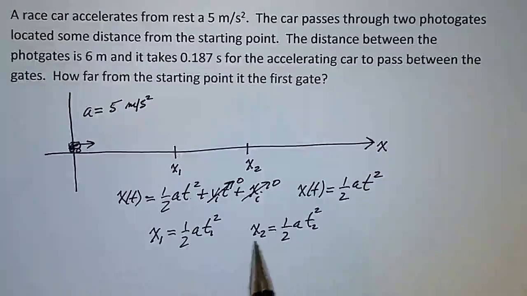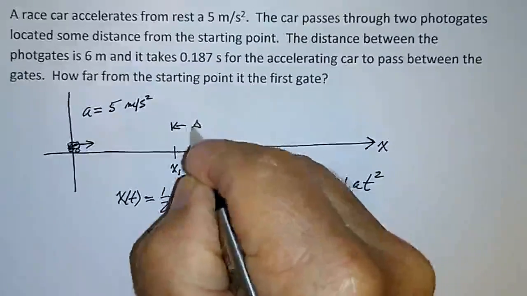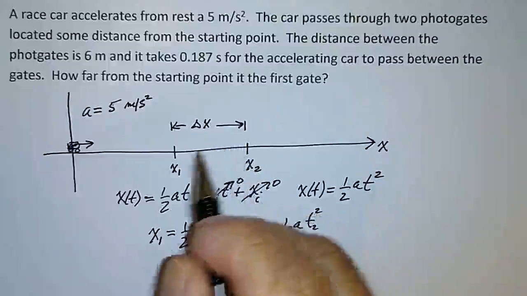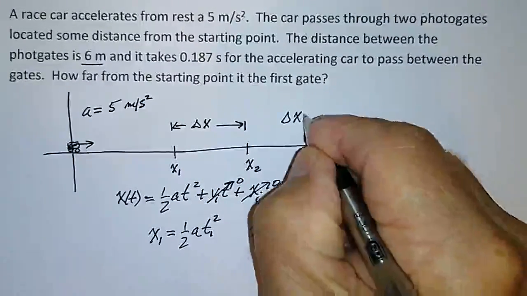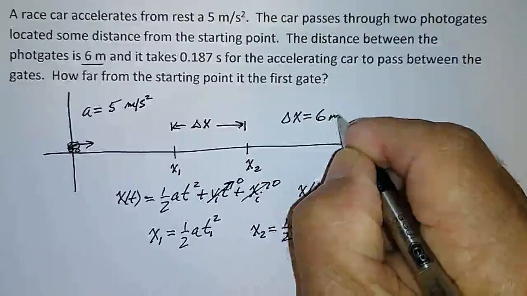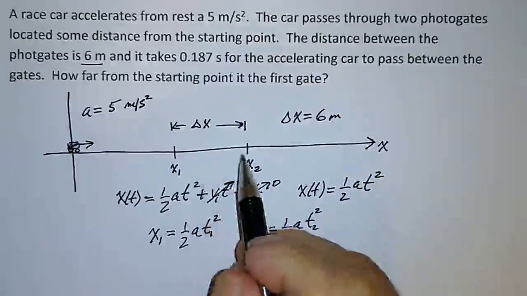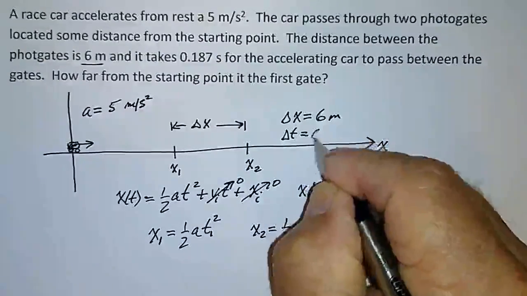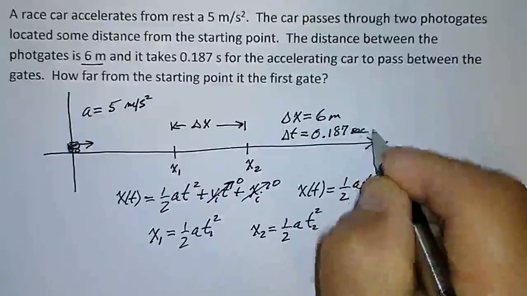But we have a connection between x2 and x1, namely that this distance right here, delta x, between x1 and x2 is equal to 6 meters. And the amount of time it takes from t1 to t2, call it delta t, is equal to 0.187 seconds.